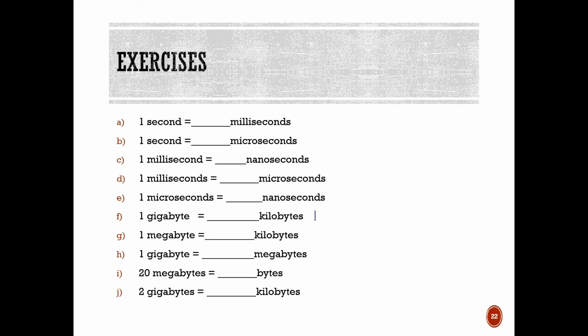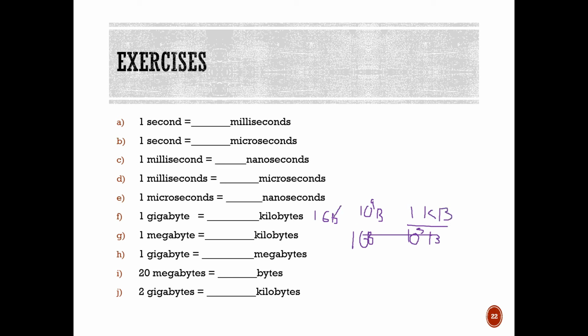So we have 1 gigabyte. And in 1 gigabyte, there are 10 to the 9th bytes. And in kilobytes, there are 10 to the 3rd bytes in 1 kilobyte.